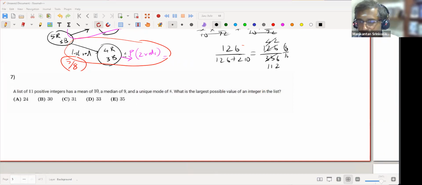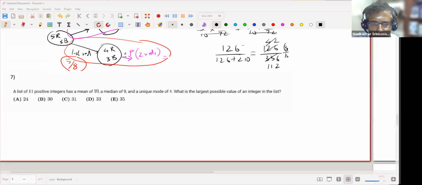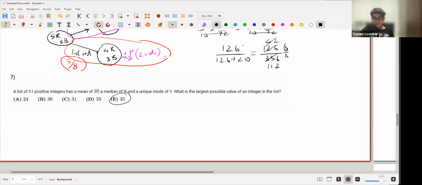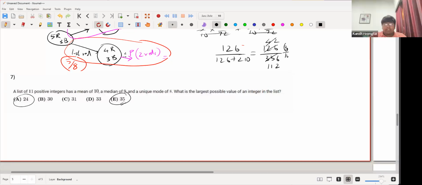Okay. Oh, Rohan is also left. Okay. Yeah, I see some hands up. Yeah, go ahead, Apurv. So I got 35. Okay. Yuvam? Sir, I got 24. Okay. Navya, I also got 35. Okay. All right. I got 33.